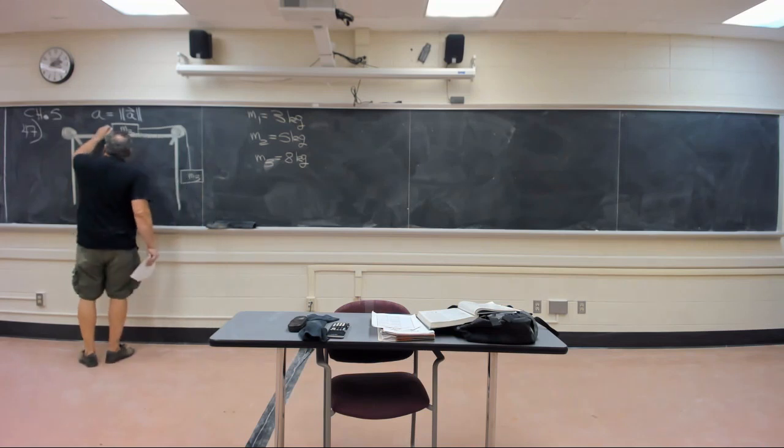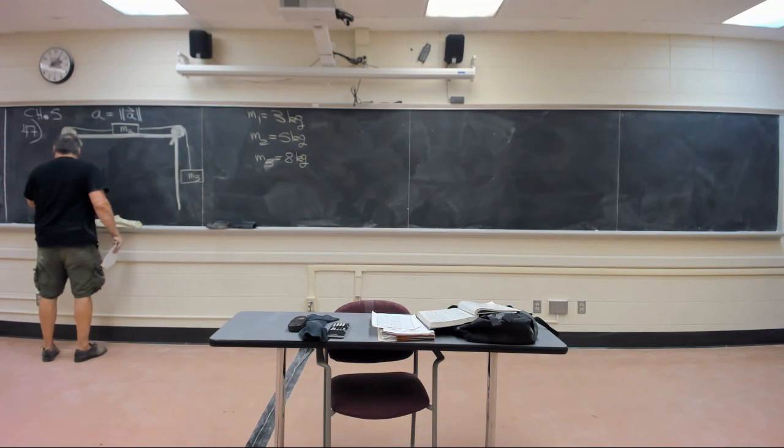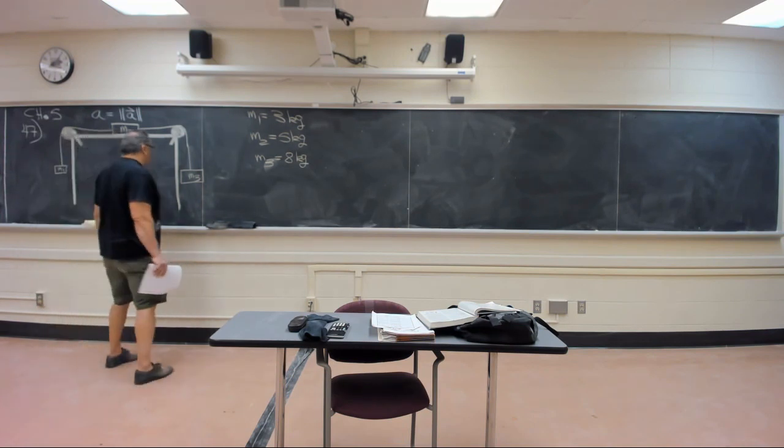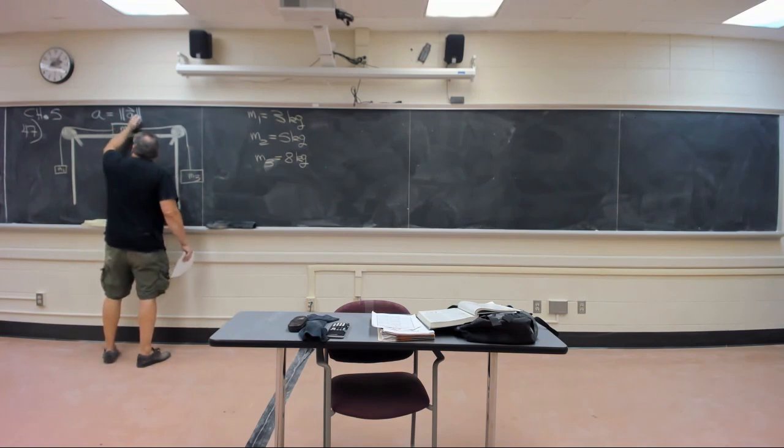Let's see what we can say here. That's M1. I'm making one smaller than the other. I made the middle guy bigger than I should have probably, but let's see what we can do here.